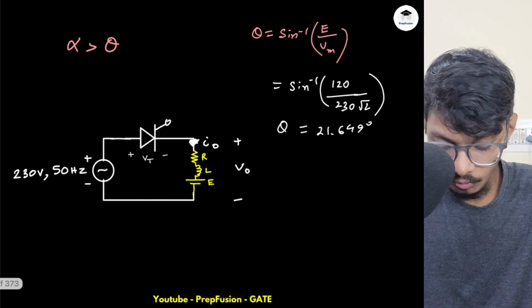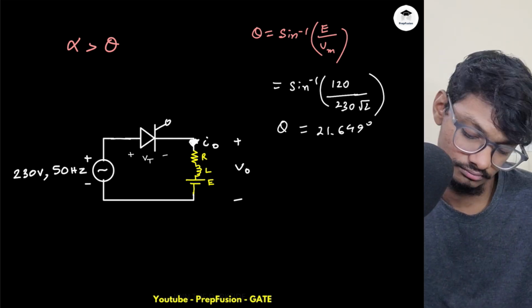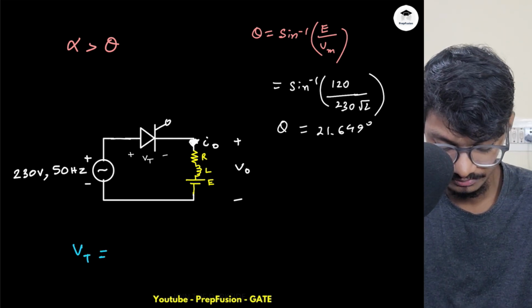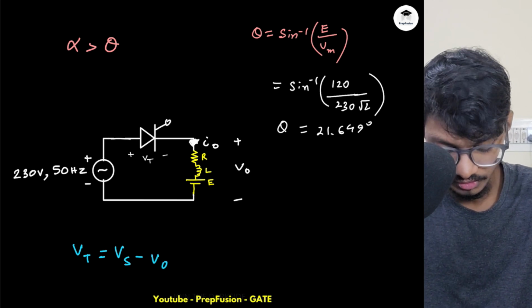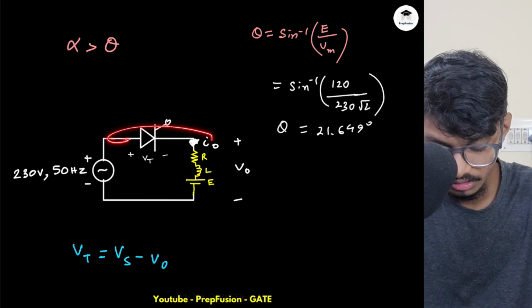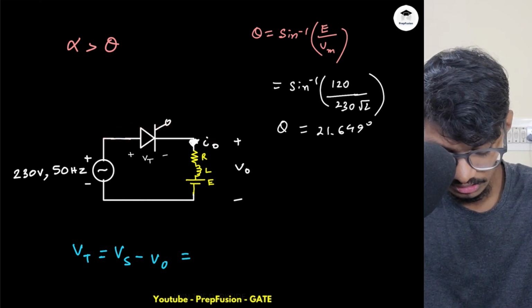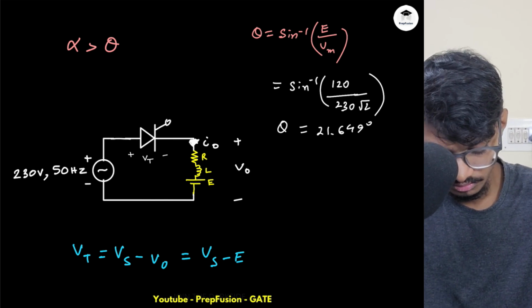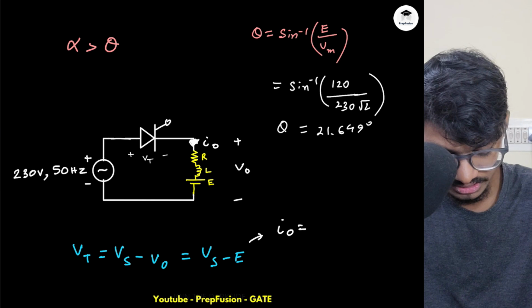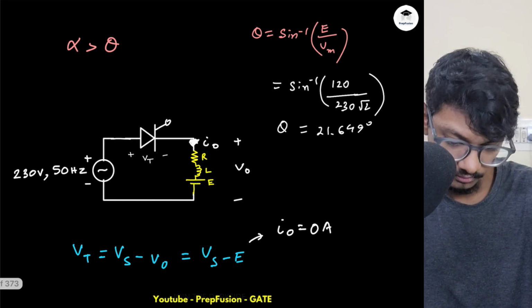So now we need to find out Vt. What is Vt? Vt is simply Vs minus Vo. And I know that just before triggering, the SCR is off. If the SCR is off, my Vt is Vs minus E, because my Io is simply 0 amperes.